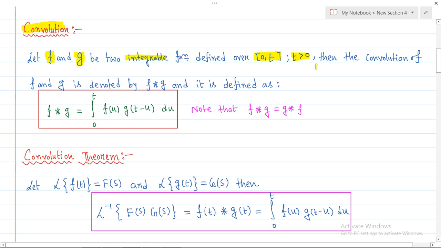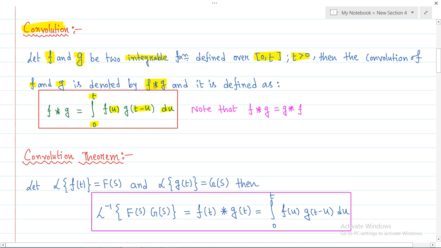Then the convolution of f and g is usually denoted by f star g, and it is defined as f star g equals the integral from 0 to t of f of u g of t minus u du. Similarly you can define the convolution between g and f also.